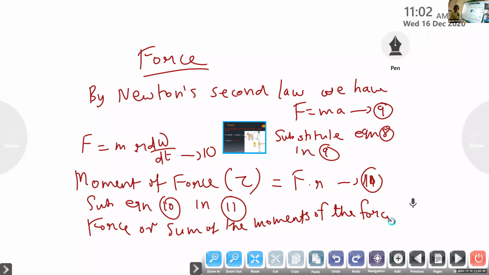We are going to find it for the entire system. So the sum of the moments of the force, or torque, is equal to, substituting the value of F here, m into r, and there is one more r, so you get m r square d omega by dt.